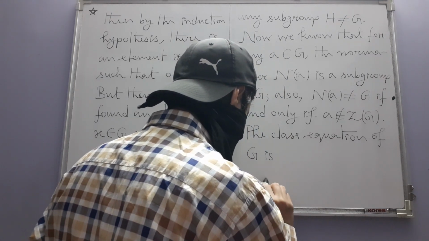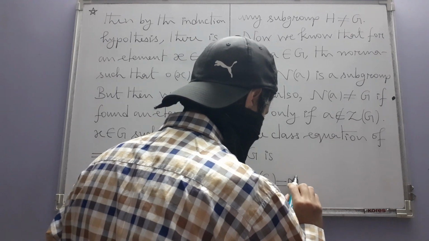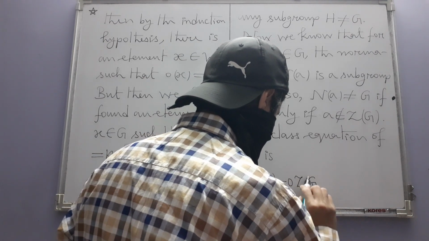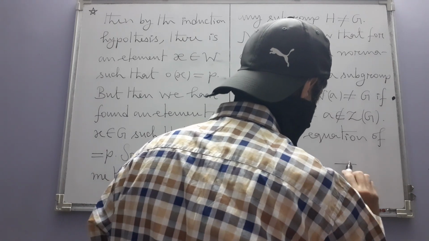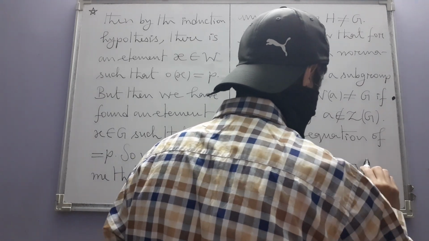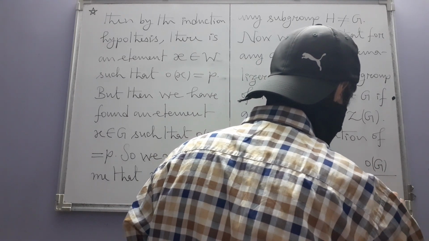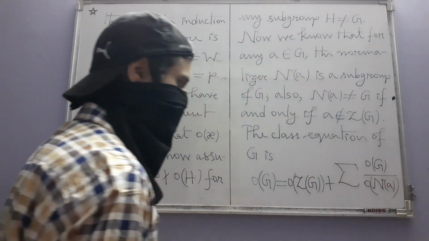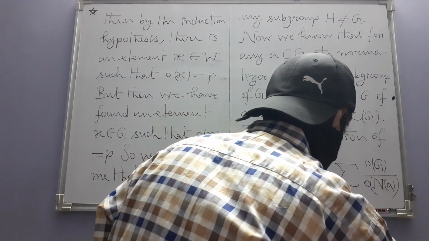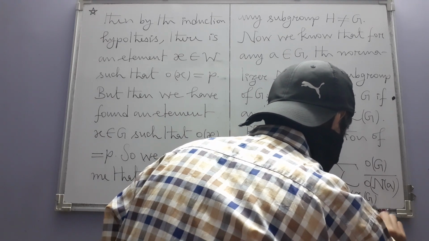So this is your class equation: order of the center of G plus the summation of order of G divided by order of the normalizer of A, where A is not a central element.